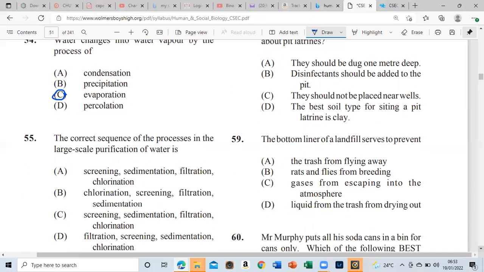The correct sequence of processes in the large-scale purification of water is A, screening, sedimentation, filtration, chlorination, or chlorination, screening, filtration, sedimentation, or screening, sedimentation, infiltration, chlorination, or filtration, screening, sedimentation, and then chlorination? And it is A, screening, sedimentation, filtration, and chlorination.